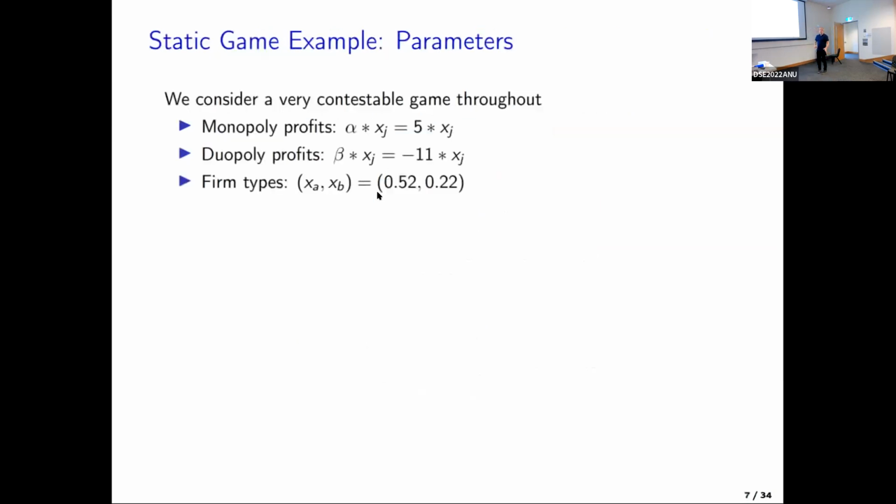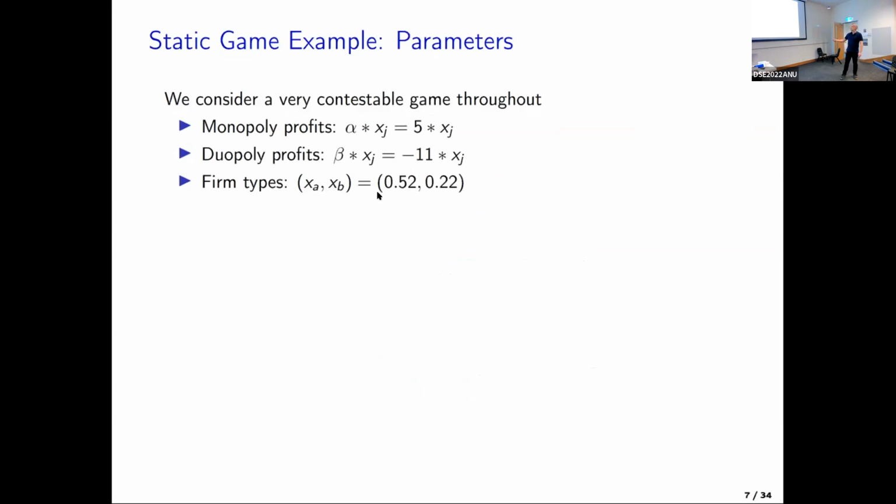Okay, so we're going to do a little bit of Monte Carlo and some examples, and we're going to start here with a very simple, very contestable game. Here the monopoly profits, with alpha equal to 5, you'll get this payoff if you're alone.